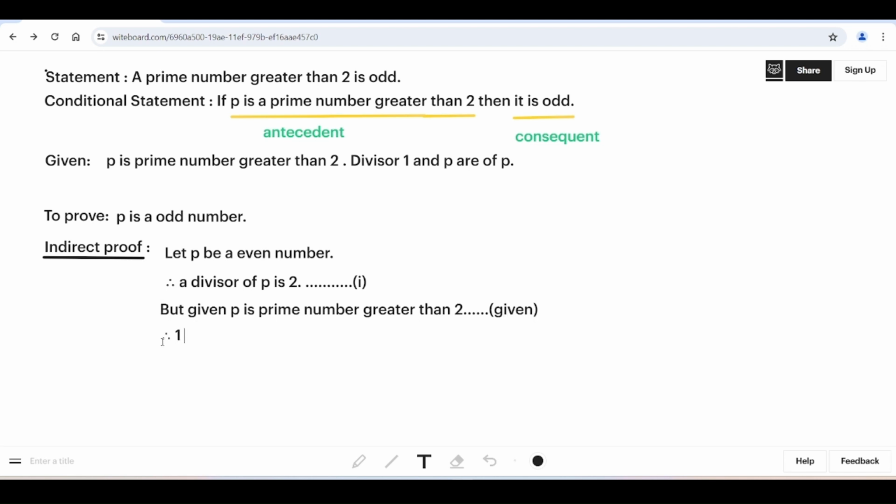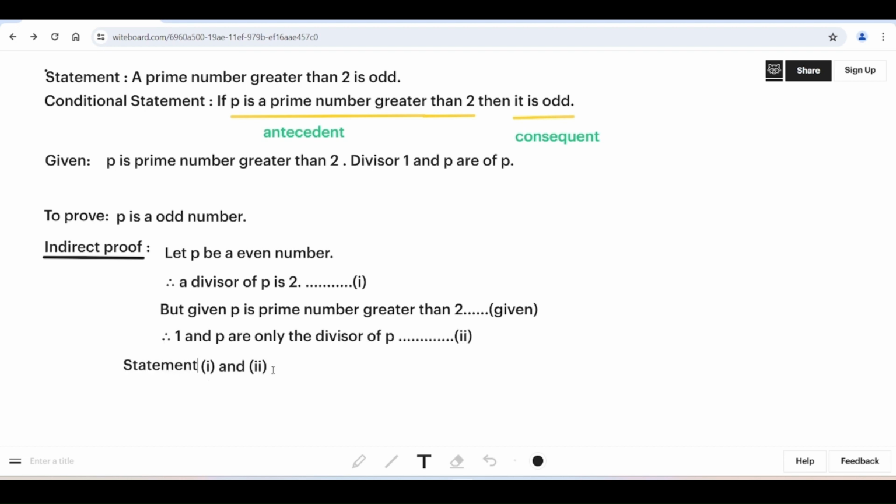Therefore, 1 and P are the only divisors of P. This is our equation number 2.